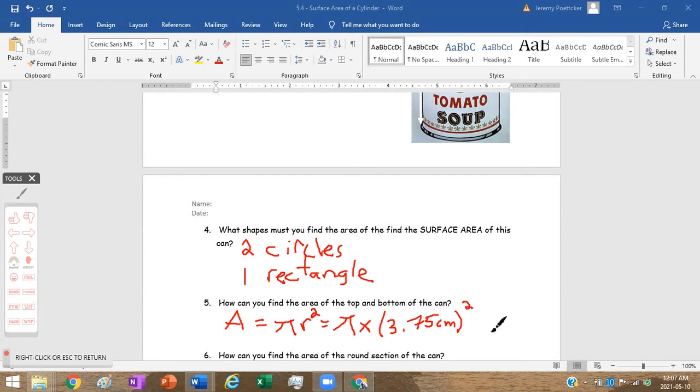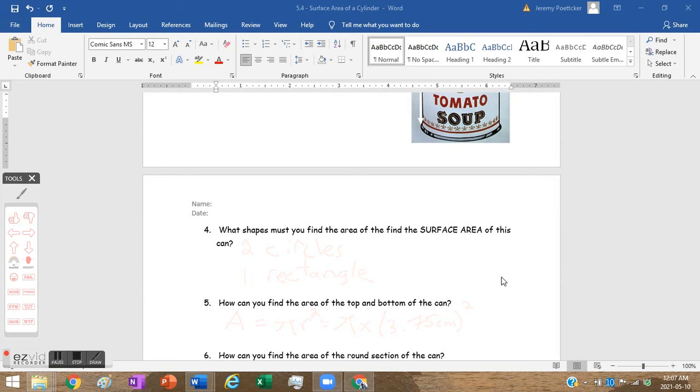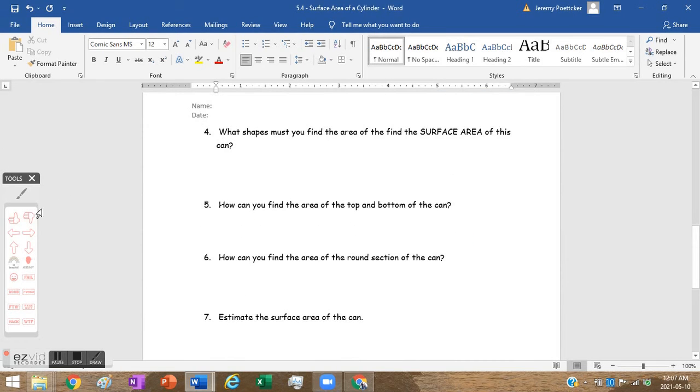All right. Question 6, how do you find the area of the round section of the can? What's a rectangle? Area is equal to length times width. Now, in this case, usually with a cylinder, we don't call it a length and a width. We're going to call one of the dimensions, when we had our rectangle drawn out here, we can call this, if you want to call it the length, sure.